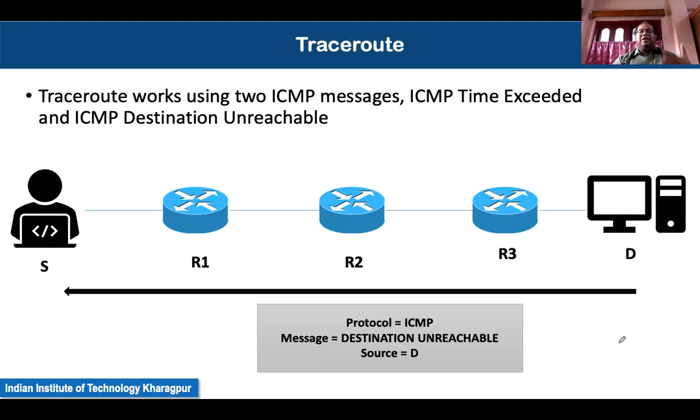So by periodically sending UDP packets with an incremented TTL value, from every hop you get back the ICMP message, which gives you the hop information at every individual hop. These are the two use cases of ICMP that I have shown you. ICMP actually has many other messages, which I have not covered in this lecture.